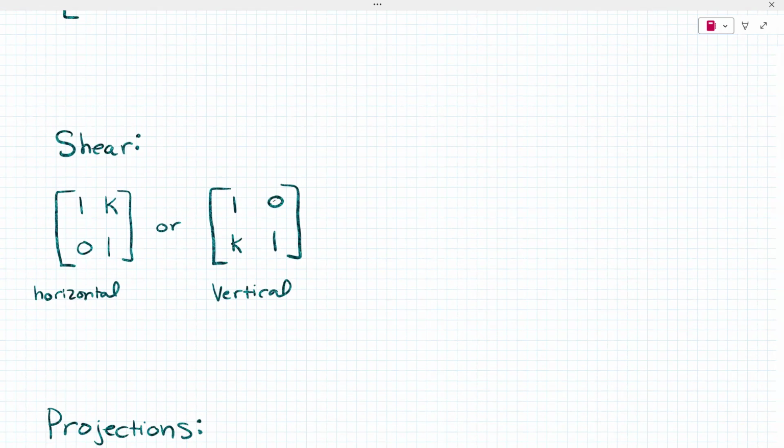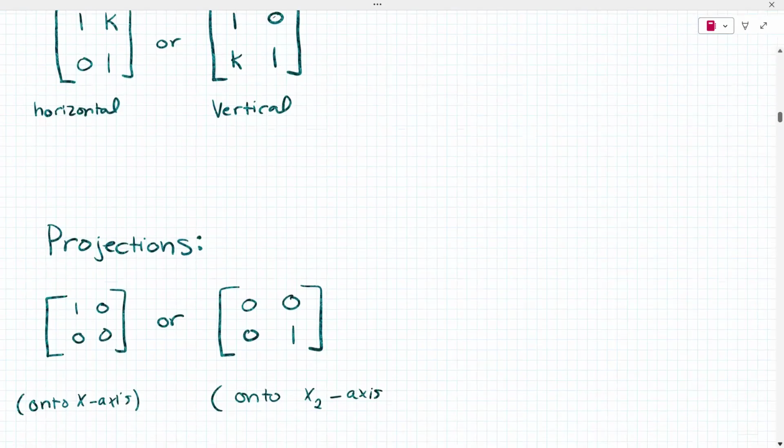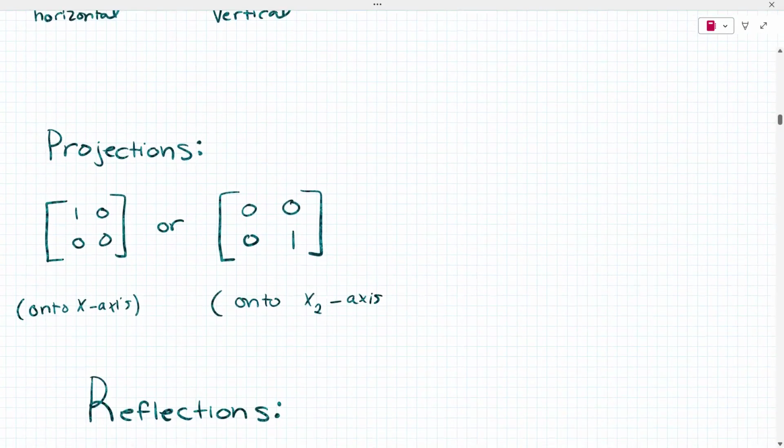And for a vertical shear, you're going to set it up as 1, K, 0, 1. What about projections? If it's projected onto the x-axis, you set it up like this: 1, 0, 0, 0. Or if it's projected onto the x2 axis, you set it up as 0, 0, 0, 1.